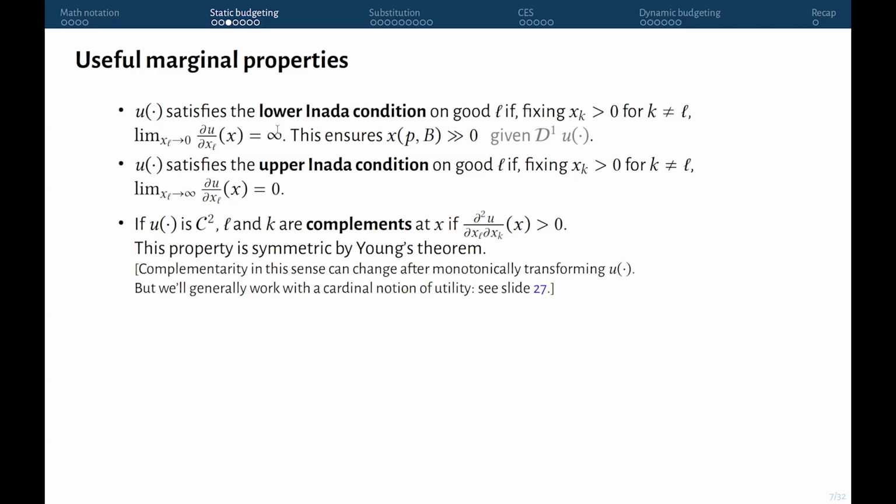If you always like having more of it to having less, then any utility function with that feature is going to be a monotonic transformation of any other. It'll represent the same ordering, the same preferences. But u of x equals square root of x satisfies the lower Inada condition, and the monotonic transformation u of x equals x does not, right?